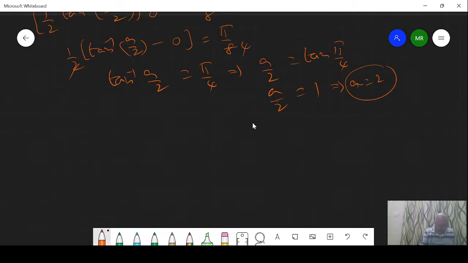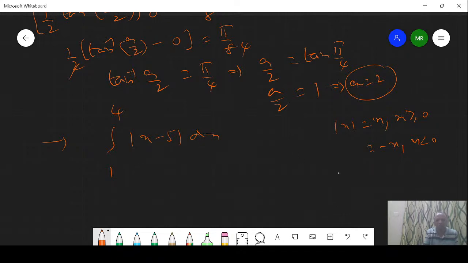So the next one, I can write integral 1 to 4 mod x minus 5 dx. Suppose the problem is given like this, with limits 1 to 4. Between 1 and 4, this x minus 5 is negative. We know the mod x definition: mod x equals x when x is greater than or equal to 0, and minus x when x is less than 0.